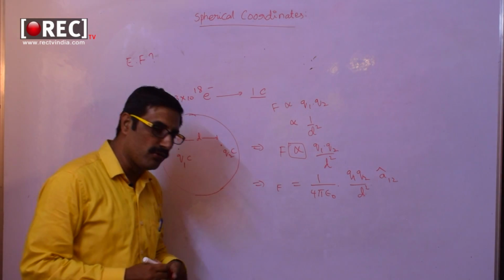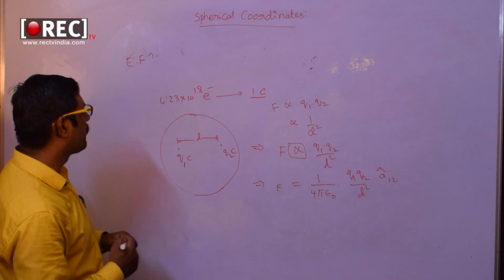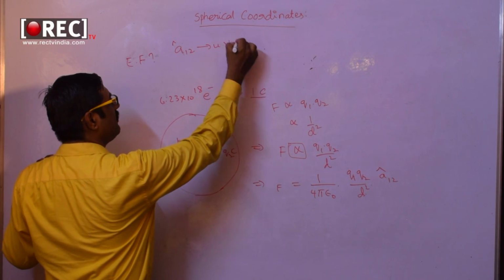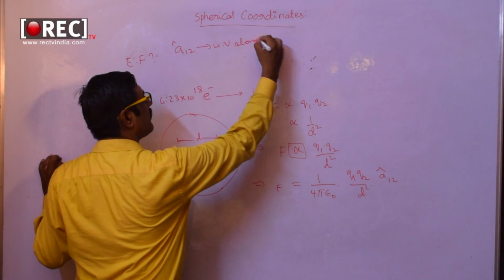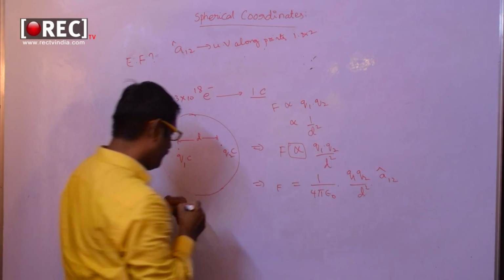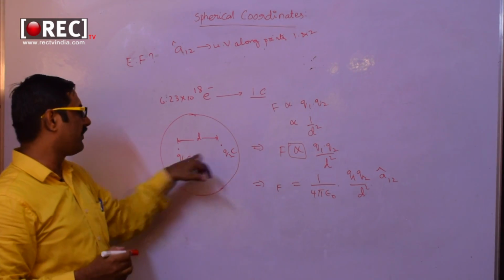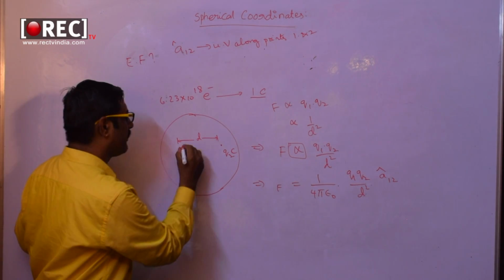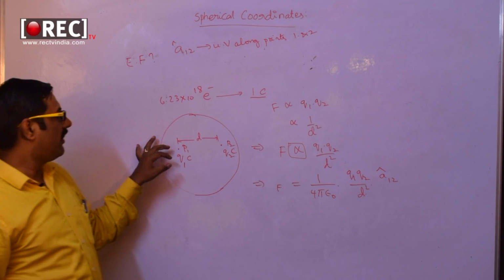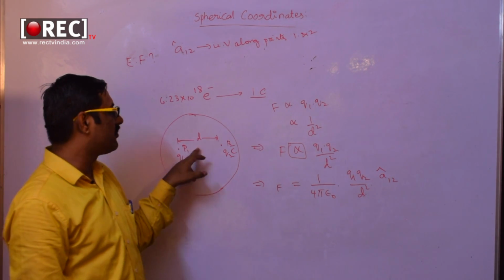Now what is this A12 cap suddenly? A12 cap represents the unit vector along points 1 and 2. That means we are going to join these 2 points 1 and 2. So let me name this point as some P1 and let me name this point as some P2. So determine the position vector of the line joining P1 and P2.